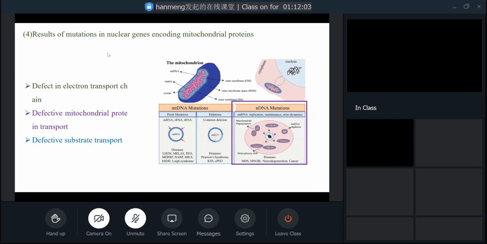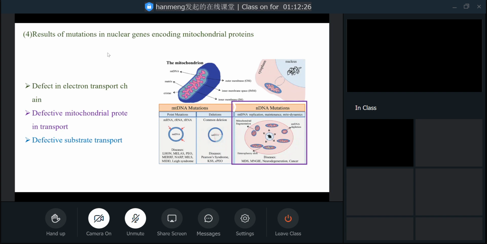But we also know that most of the functional proteins need the nuclear DNA to synthesize. So what if the nuclear-encoded mitochondrial protein has a mutation?